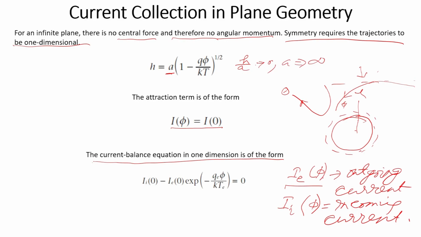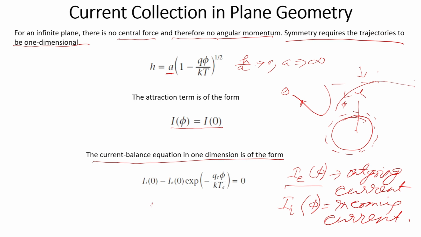In that case we call it the equilibrium condition. Similarly, here, when the positive charges are coming and the electrons are going, and this balance happens, the spacecraft reaches a potential called the built up potential. So, the incoming current and outgoing current must balance.